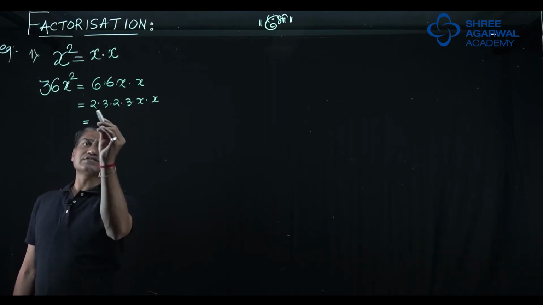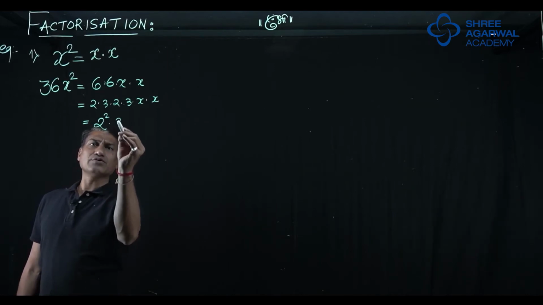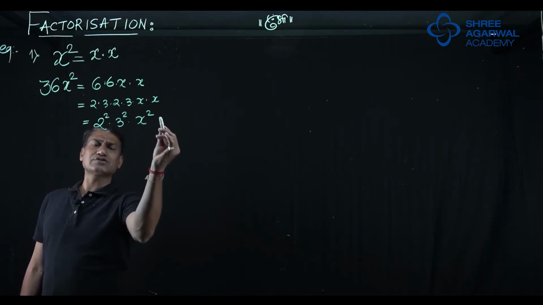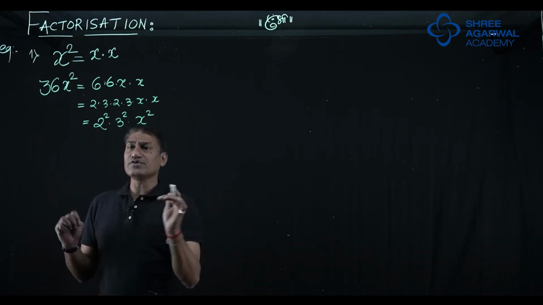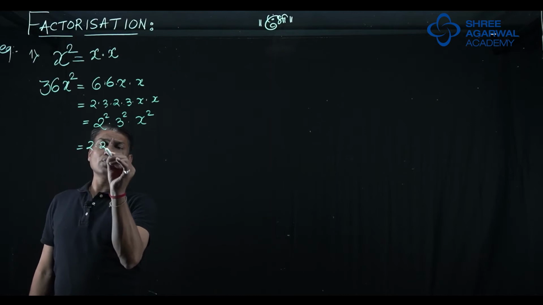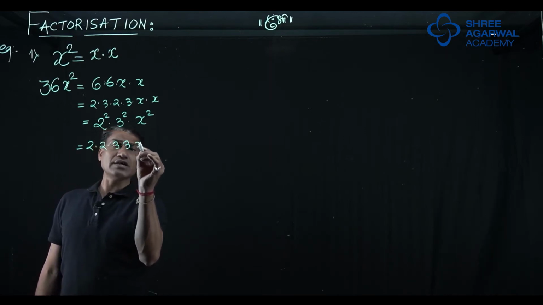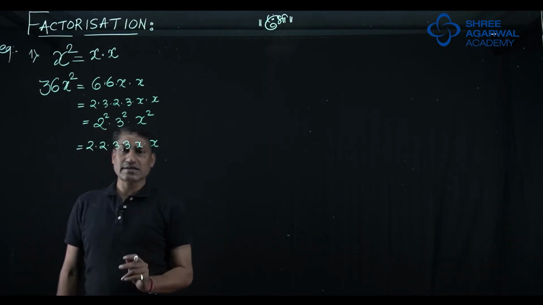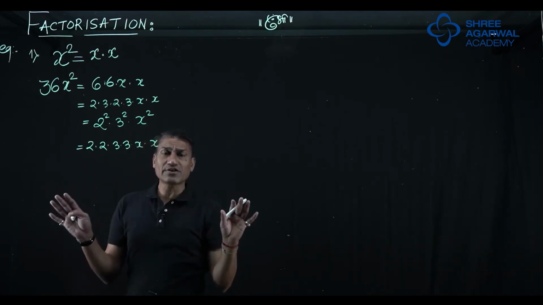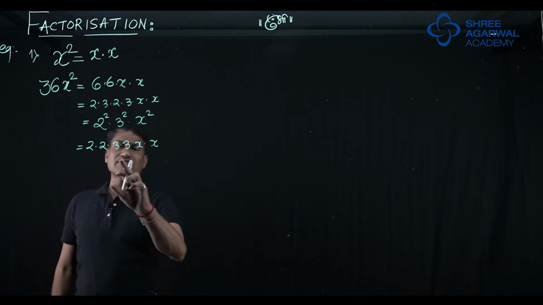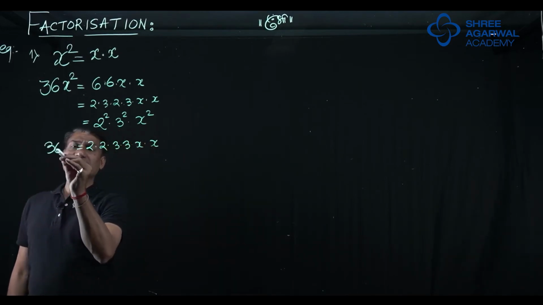I may write this as 2 square into 3 square into x square. So, there are 6 factors of 36x square, which are 2, 2, 3, 3, x, x. These numbers are prime numbers, they cannot be further factorized, hence these are the prime factors of 36x square.